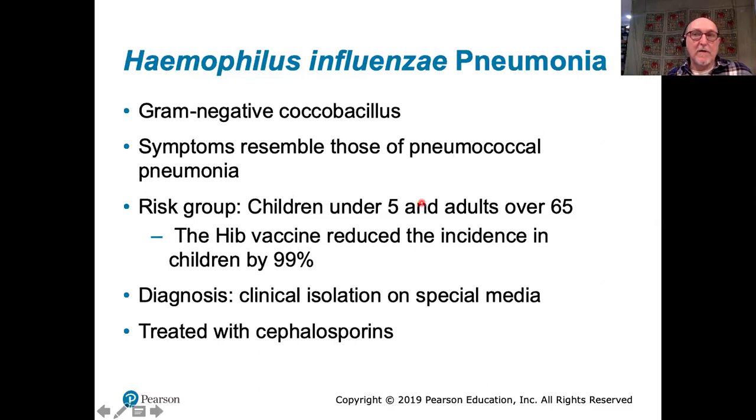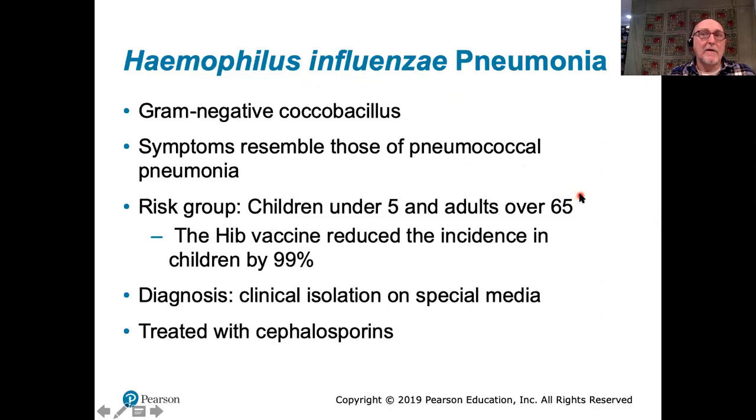These pneumonias can also be caused by this organism, Haemophilus influenzae. That influenza, by the way, has nothing to do with influenza. It does not cause influenza, although it can cause these respiratory tract infections. But remember, I told you also, Haemophilus can also cause a meningitis as well. This is a particular risk to children.